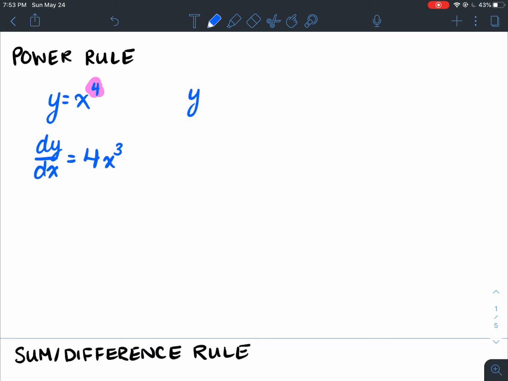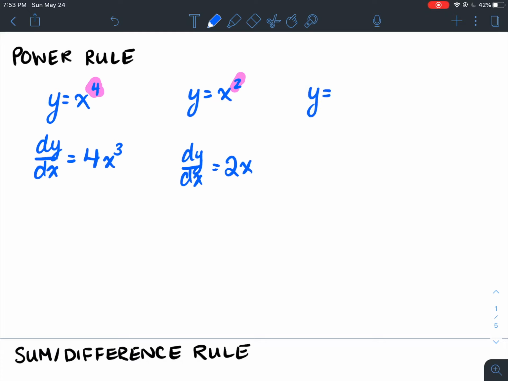Let's try another one. Say you had y equals x to the power of 2. If you want to take the derivative, you would put that 2 out front, write down the x, and subtract 1 from your exponent. So 2 minus 1 is 1, so it actually is just 2x.